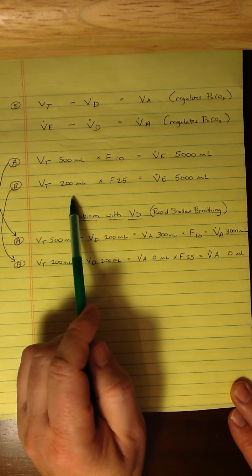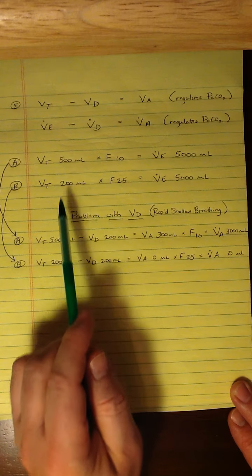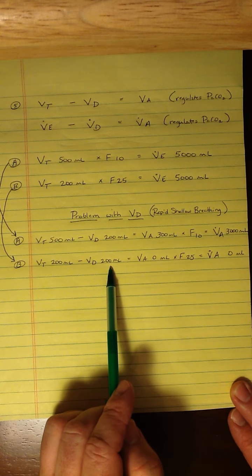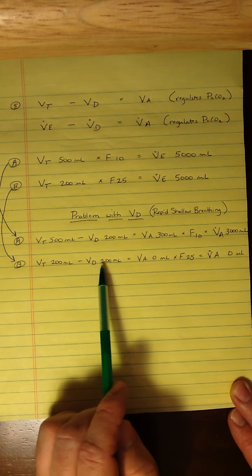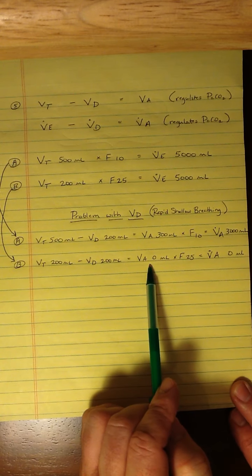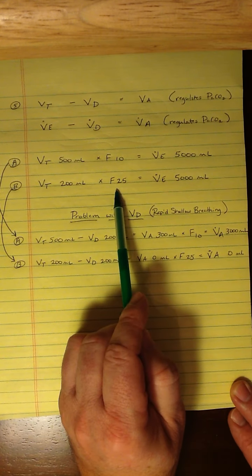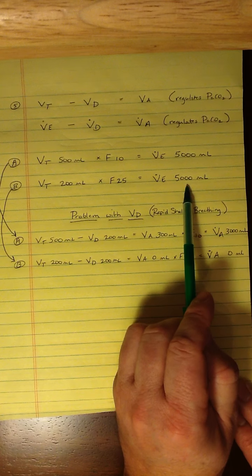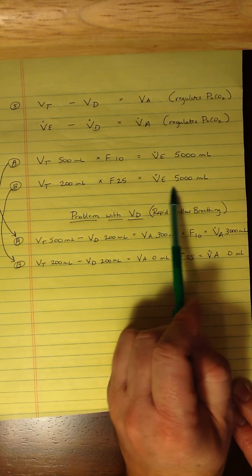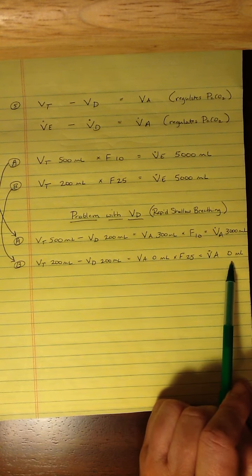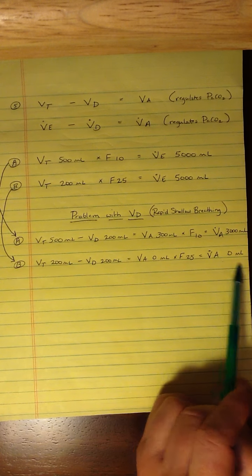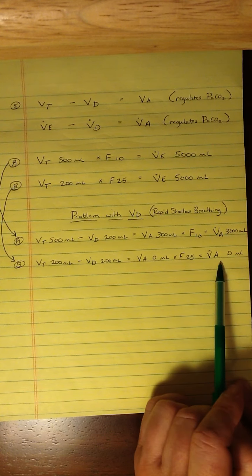Patient B with a total volume of 200 mils, remember their dead space volume is the same, 200 minus 200 gives an alveolar volume of 0. So even with this faster frequency compensating and giving us what looks like the same ventilation amount, when you look at this patient's alveolar ventilation at 0, you can see there's a drastic difference.